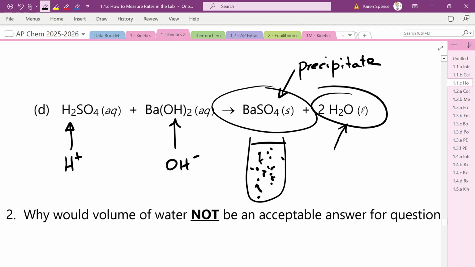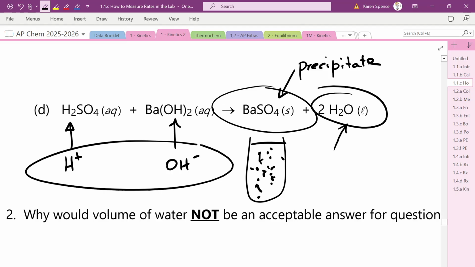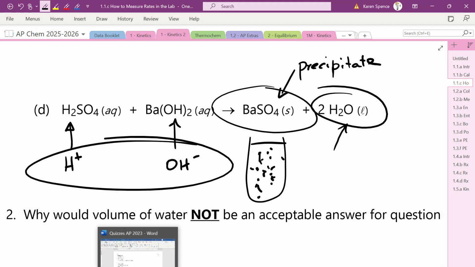These together make water. pH measures differences in those two concentrations of ions, right? Do I have more H plus or do I have more OH minus? Well, if I put in equal amounts, I would have the same, right? And at the end, they would turn into water, so it would be the same.